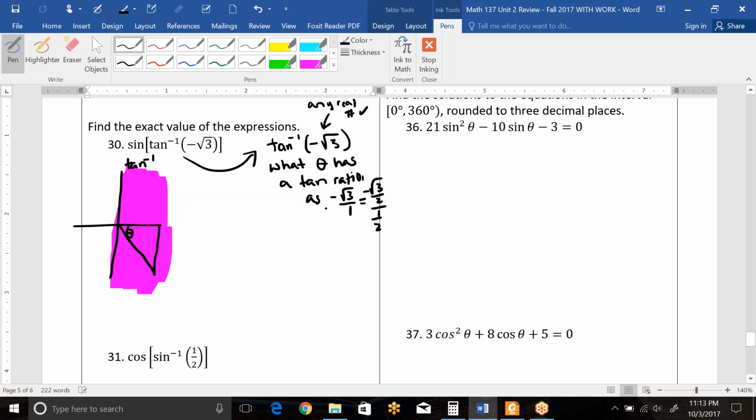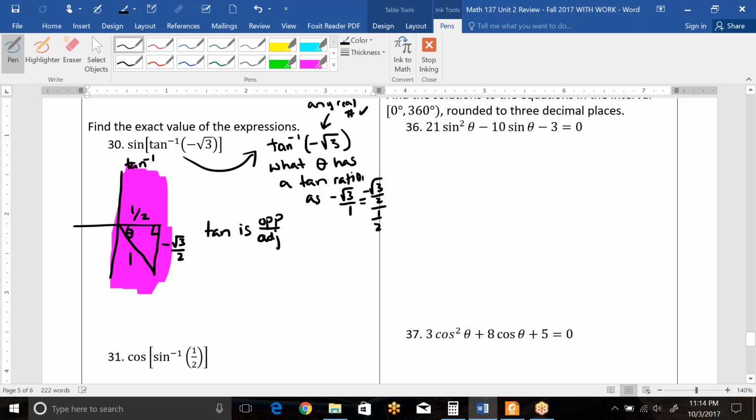The point of the exercise is to figure out what theta this is so that we can then find sine of that triangle. Okay, so when we look at this, remember, tangent is opposite over, or excuse me, over adjacent. Sorry, it's very late. Opposite over adjacent. So that means that the opposite is the negative square root of 3 over 2, since this is a negative y value.